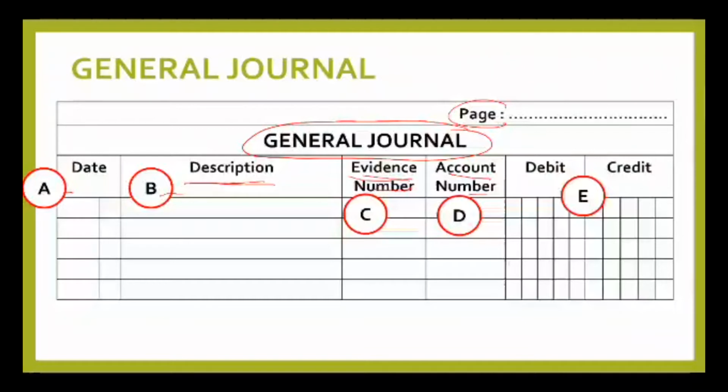If we record a sales transaction using general journal, and the sales transaction is in cash, the journal would be cash to sales. So this is the number of the cash, maybe 1001, and then the sales maybe 21201, something like that. And then the debit and the credit.